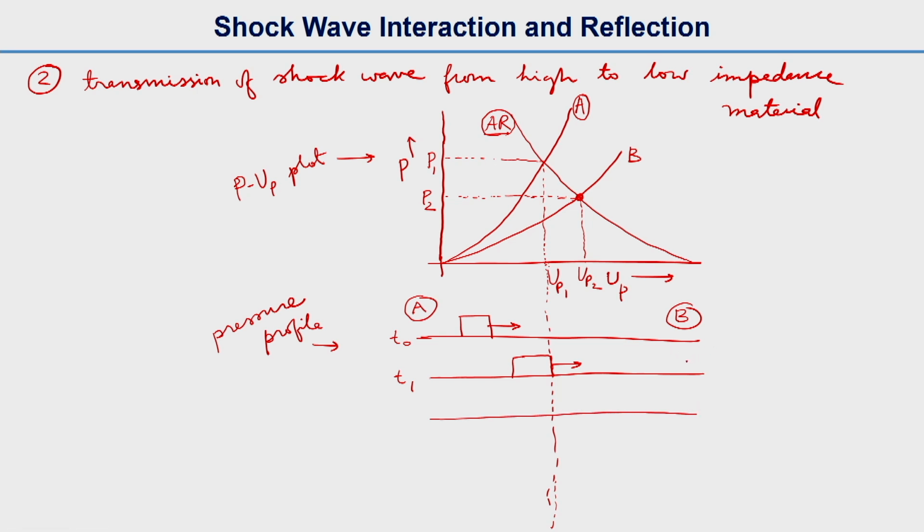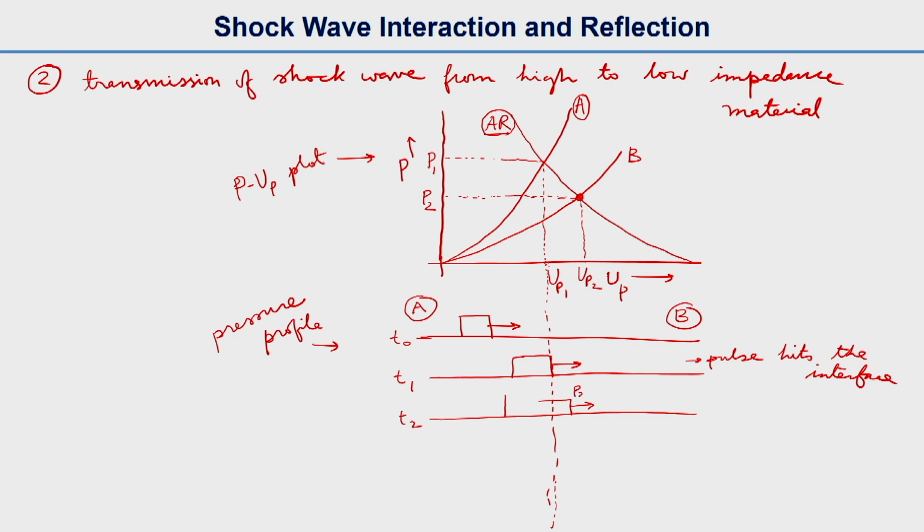So we can write here that the pulse hits the interface, and then T equal to T2. What will happen at time T2 is that the pressure on side B, or material B, will be less.